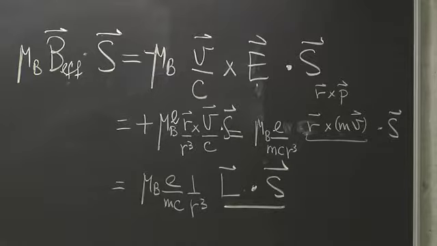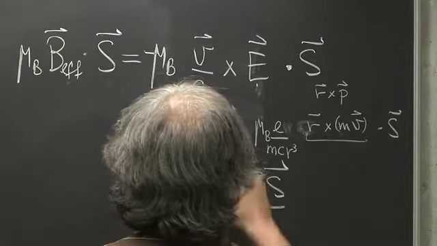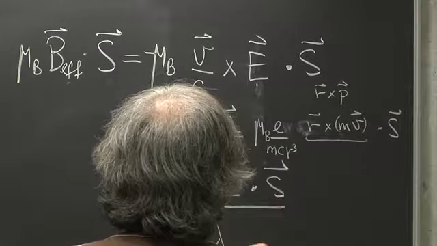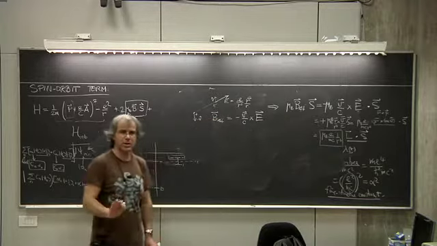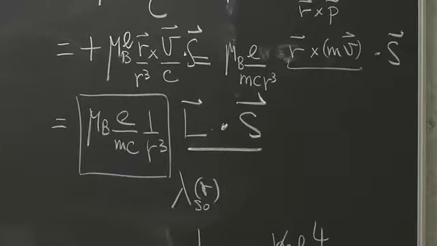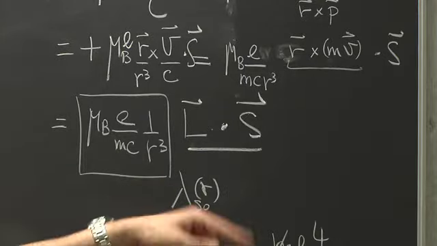And now this object in front of here is often called lambda spin orbit. It's a function of r, I should warn you. So it's not just a constant, it's a function of r. But you see, it depends only on the distance, not on the angles.